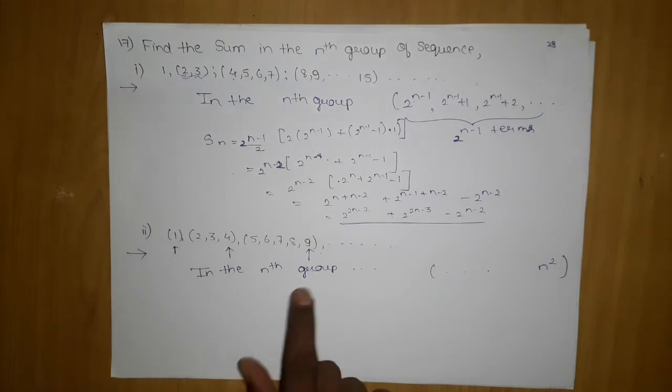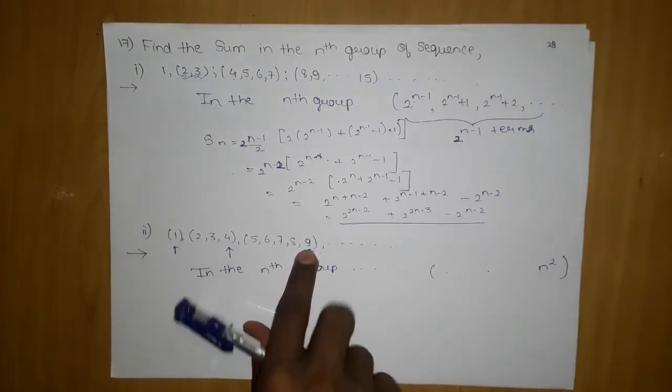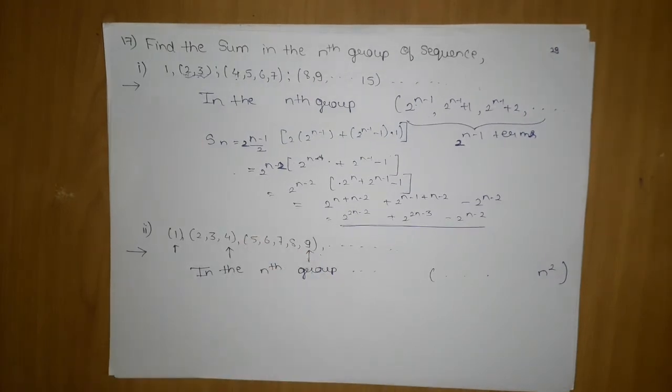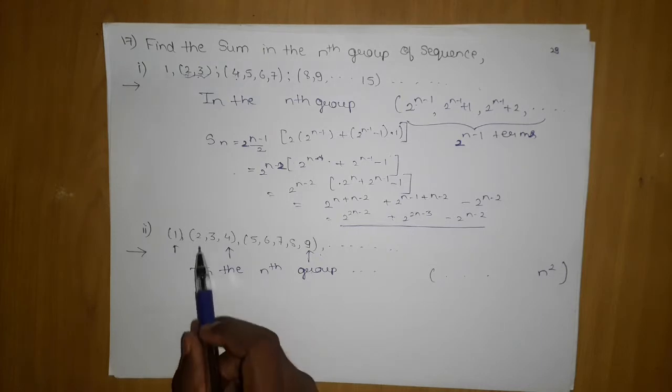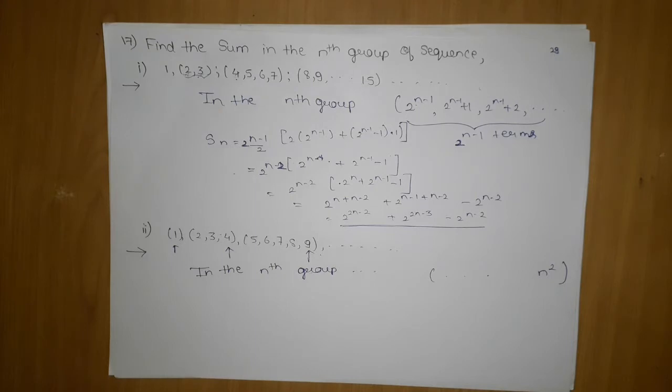Now let's think. Here it is 3 square, which is 9, and here we don't have 9 terms. So we cannot predict the number of terms here. Here it is 2 square, meaning 4. How many terms are we having?